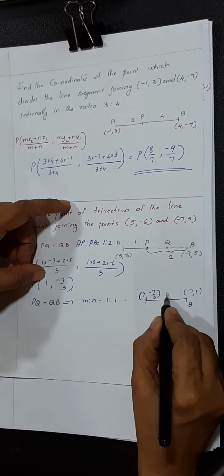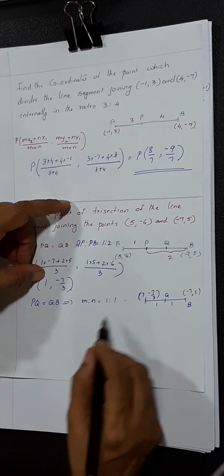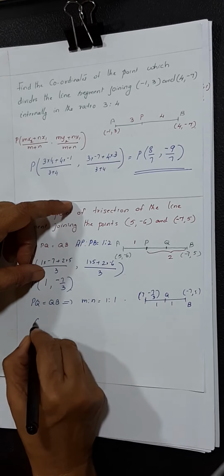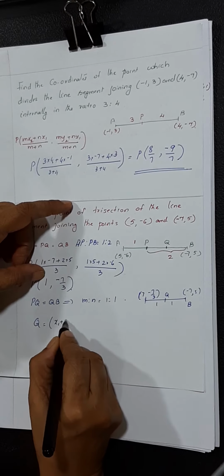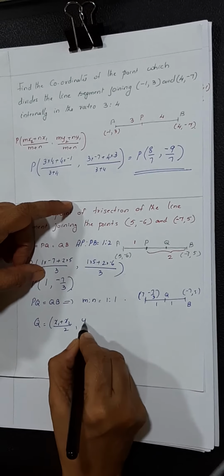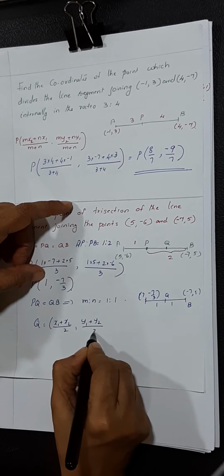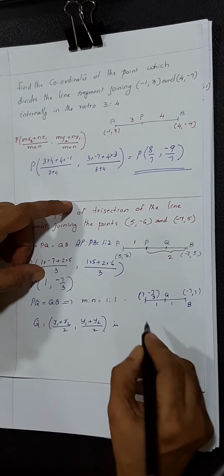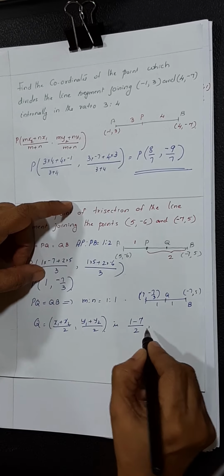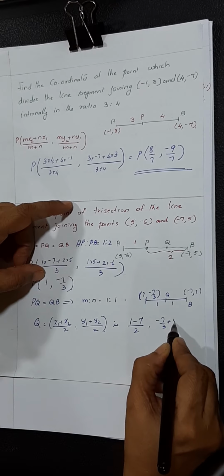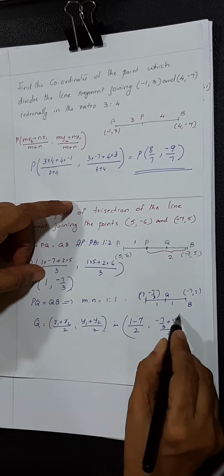Now we have to find Q. So the ratio is 1 is to 1, so you can use the midpoint. So Q is equal to x1 plus x2 by 2, y1 plus y2 by 2, that is 1 minus 7 by 2, minus 7 by 3 plus 5 by 2.